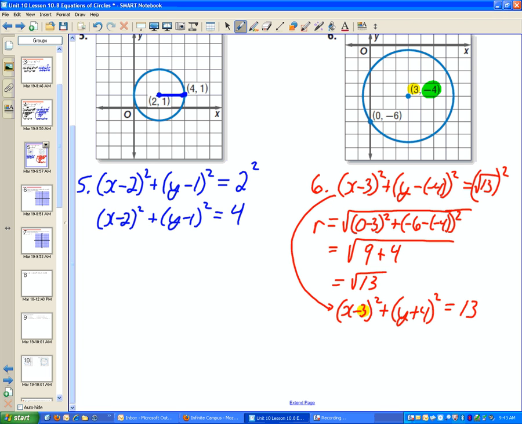When the coordinate of the center, in this case the y coordinate of the center, is a negative, since you're going to do y minus negative 4, when it shows up at the end, it shows up as a positive 4, doesn't it? And we should be familiar with that from the distance formula and slope formula and whatnot. You know, minus a negative is a positive. Okay? All right, you guys hanging in there? You still with me? Getting it?